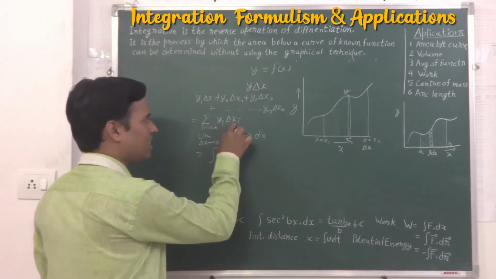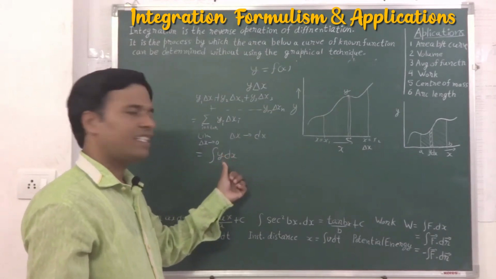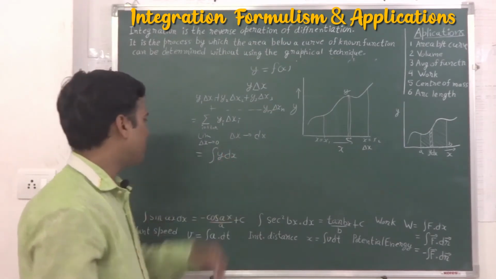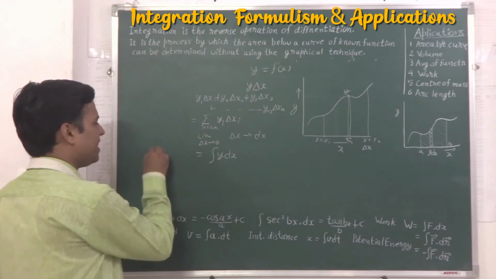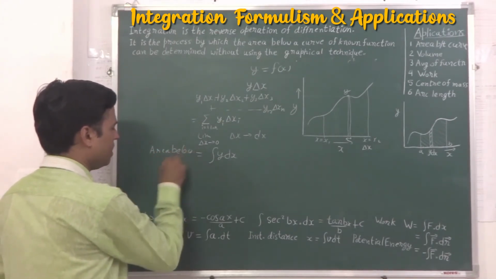So delta x is converted into dx now. That is the basic method by which we can get the area below a curve.